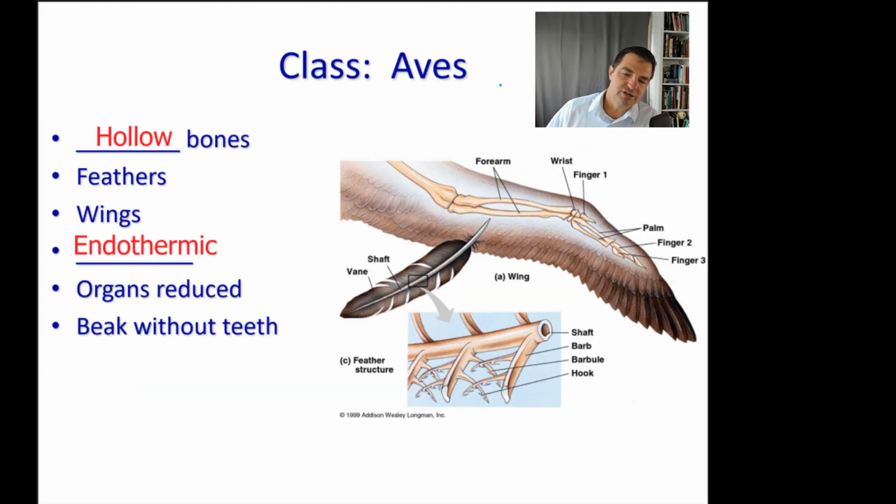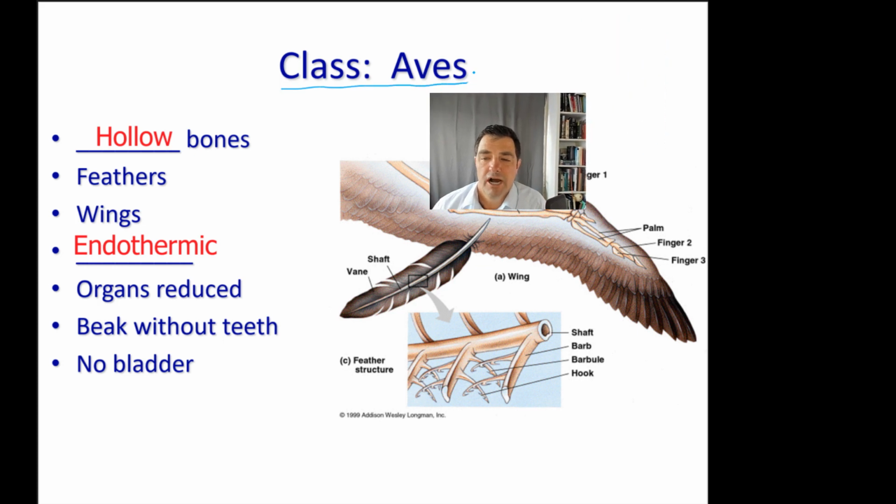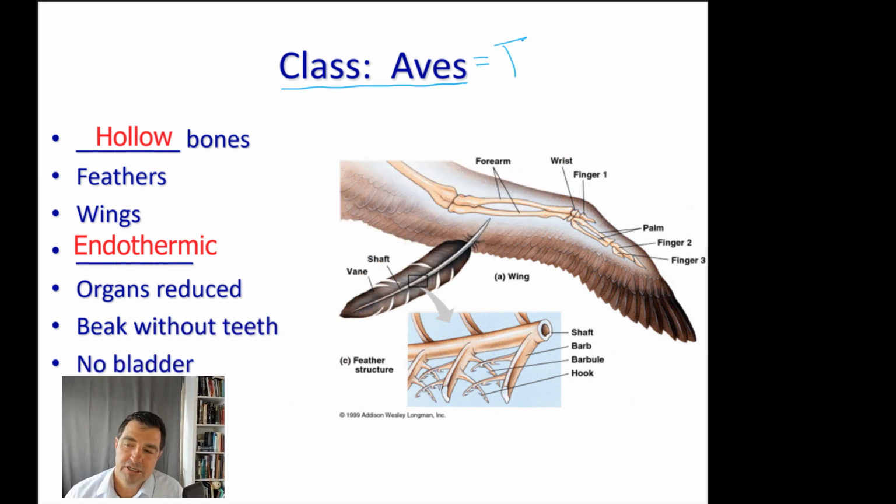So when we talk about birds, the most obvious thing that people notice about birds is that they can fly. Birds are one of the few groups that are truly capable of flight in every kind of way.